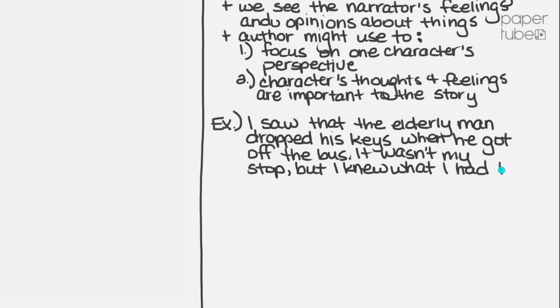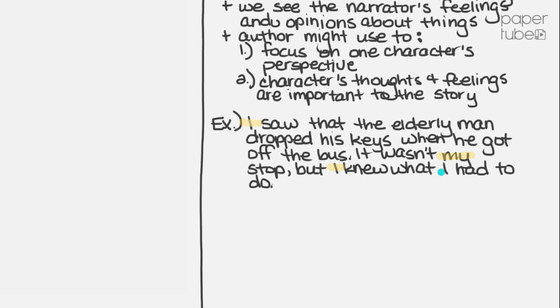All right, so looking at this example, I see a couple different things here. I see that I've got this pronoun I. I saw that the elderly man dropped his keys when he got off the bus. It wasn't my stop, but I knew what I had to do.